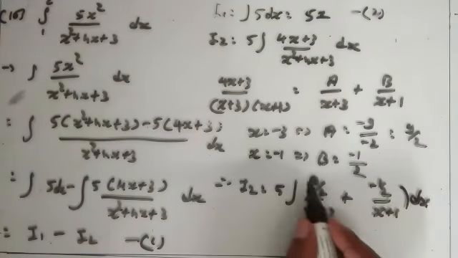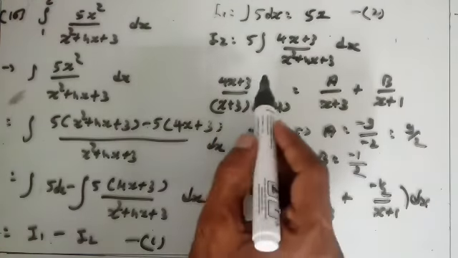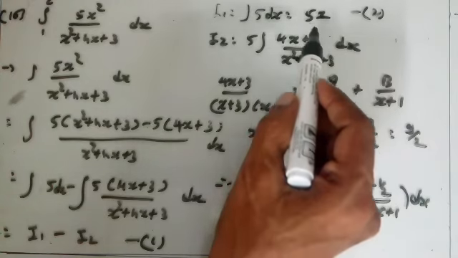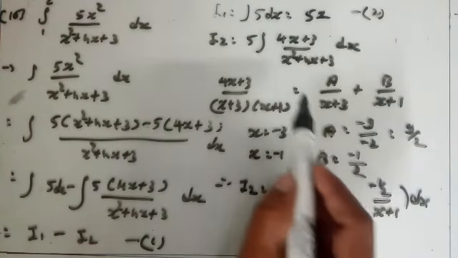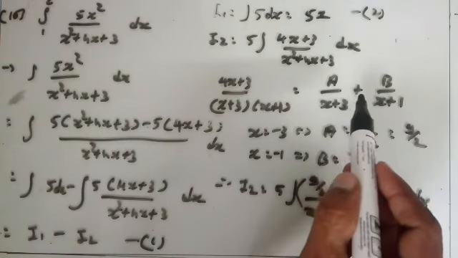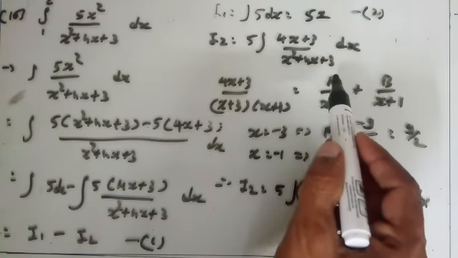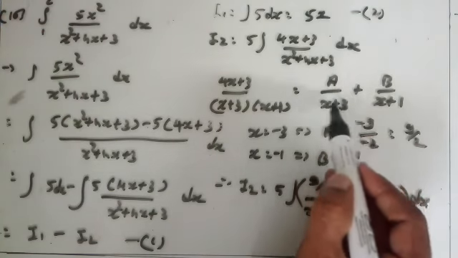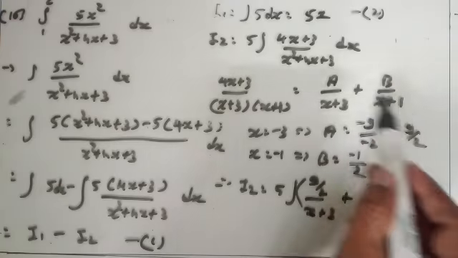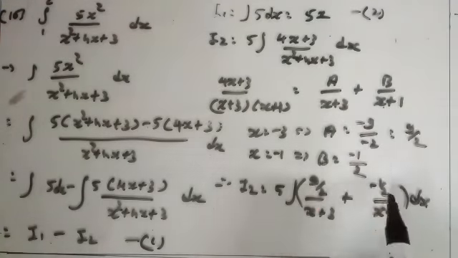dx. Clear? You know that in place of these terms we write a upon x plus 3 plus b upon x plus 1 with the values of a and b.